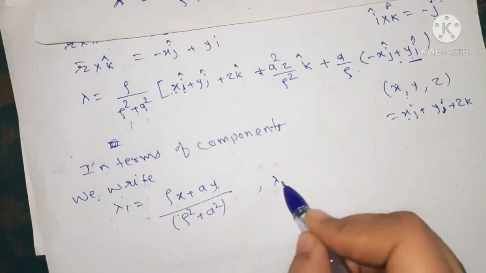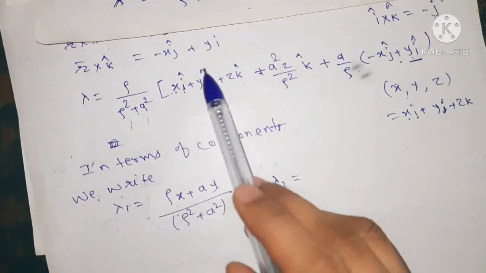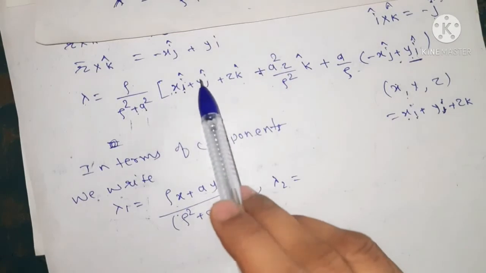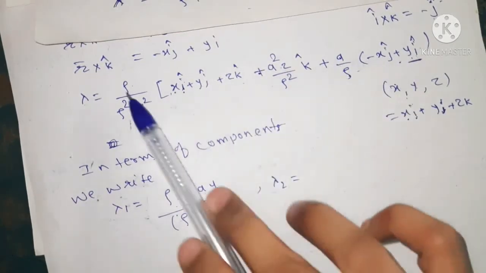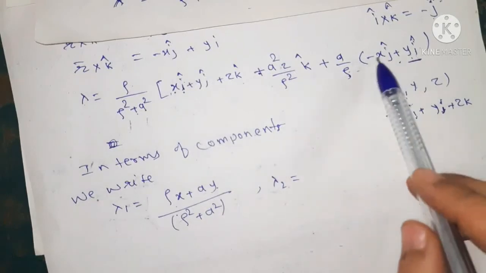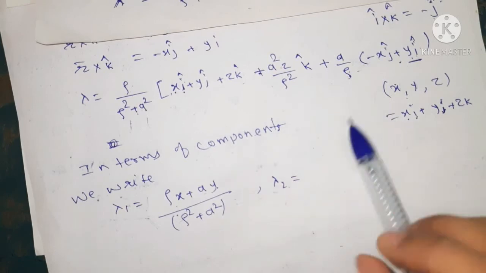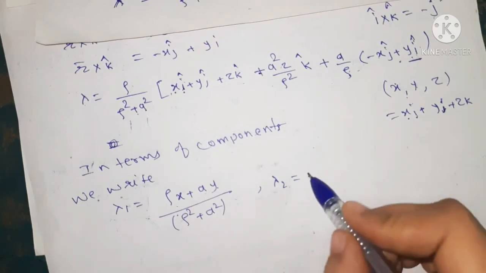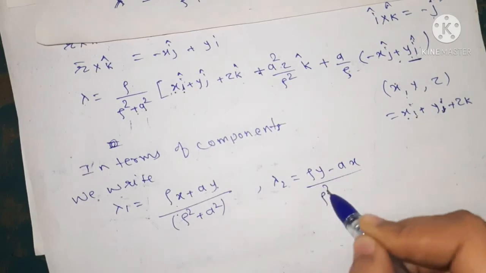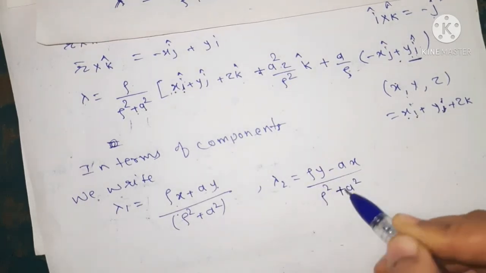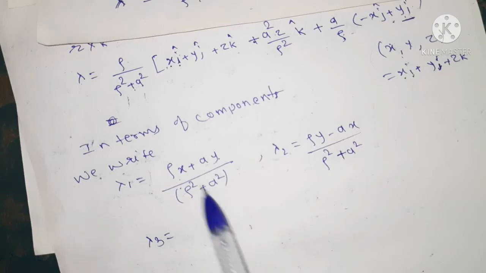Now lambda 2 will be equal to the coefficient of the jth vector, so rho into y plus minus x, that is, if we multiply this rho again here, we have minus a x upon rho. So lambda 2 will be equal to rho y minus ax upon rho square plus a square, and lambda 3 will be equal to what?